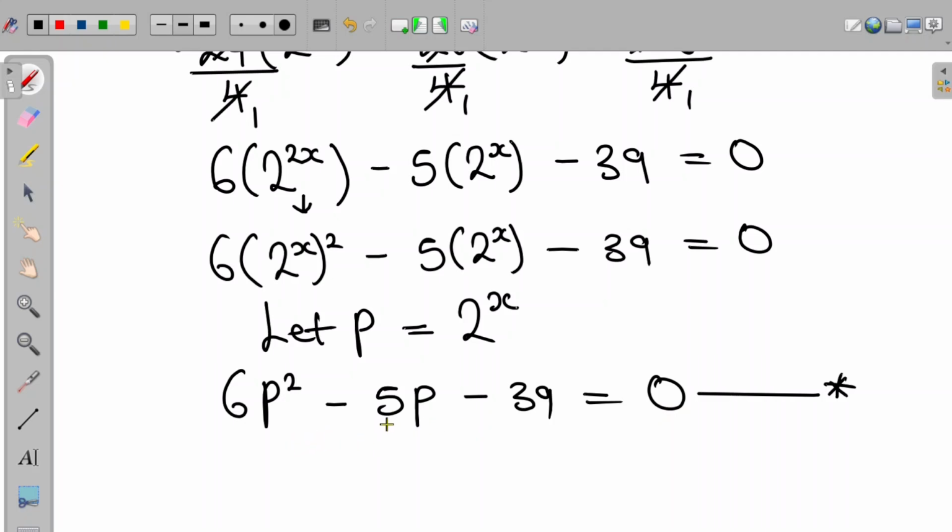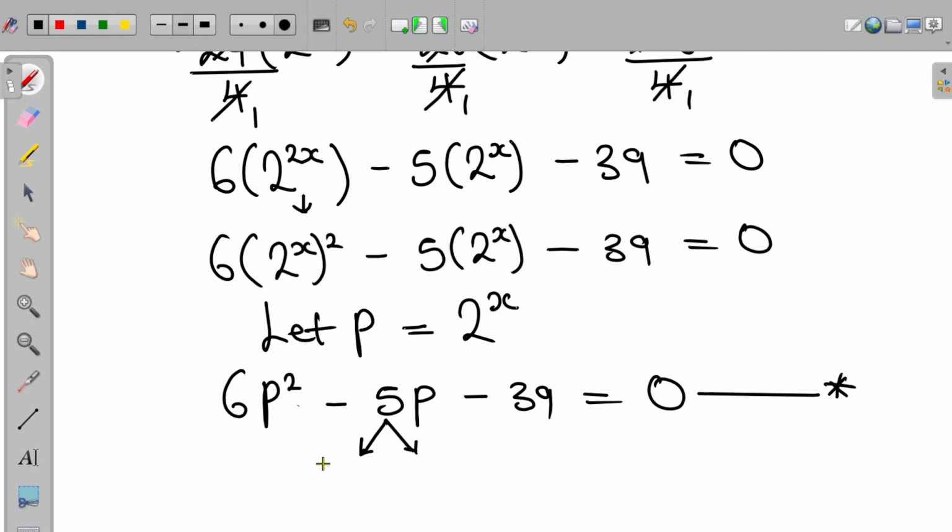We can solve this equation using any method of obtaining the zeros of a quadratic equation. In this video, we will use the factorization method. So we look for two integers whose sum is equal to -5 and whose product is equal to -234.